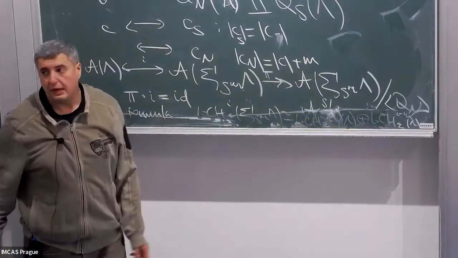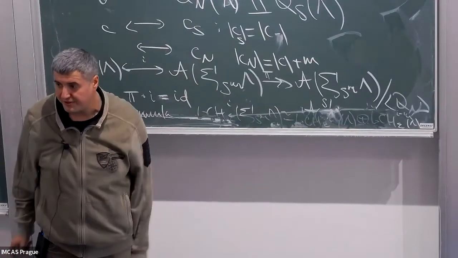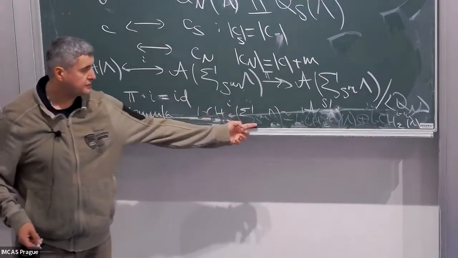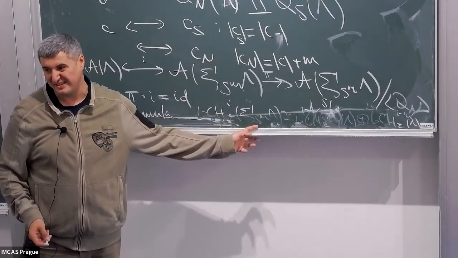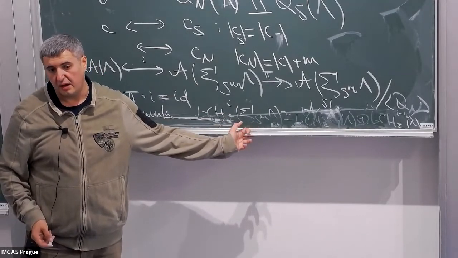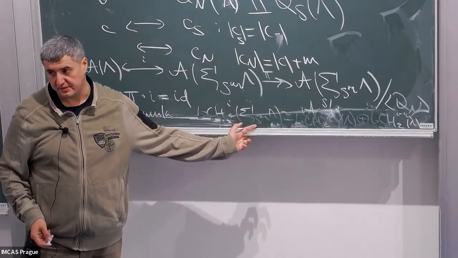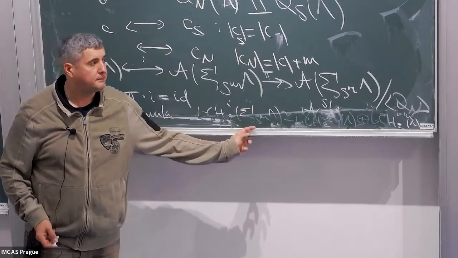Since I don't want to take too much of your time, I would like to say that basically this formula allows one to translate Seidel's isomorphism and obstructions.